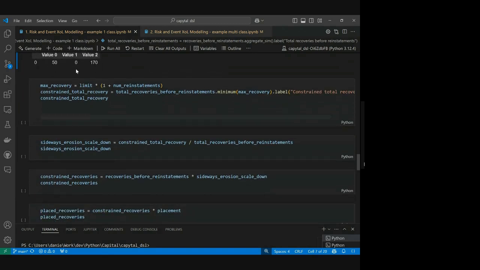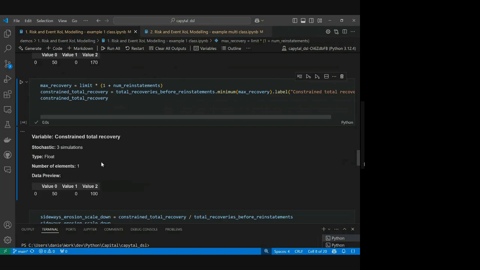We're going to compare these to the total available limit. The max recovery we can make is the limit times 1 plus the number of reinstatements, but we only had 1 reinstatement available. So our constrained recovery is just going to be calculated as the smaller of the maximum available recovery and the total recovery that we would naturally get.